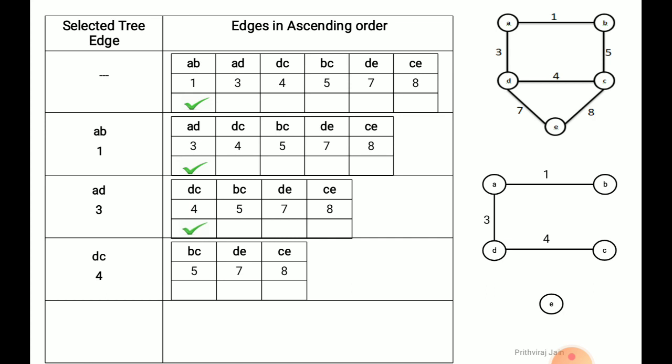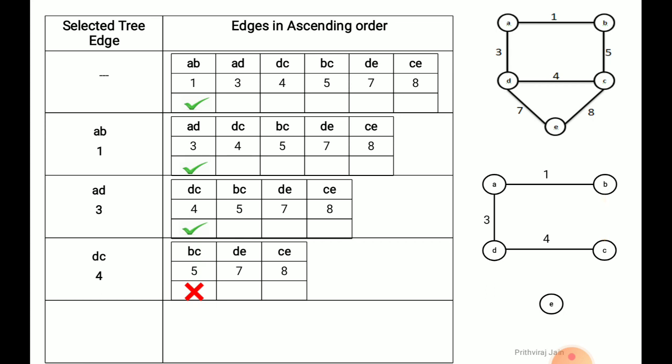Then based on the remaining edges in ascending order, the next edge is BC with weight 5. If I take this BC with weight 5, I can see in my spanning tree that it will form a cycle, so we can't choose the edge BC and we neglect that edge.